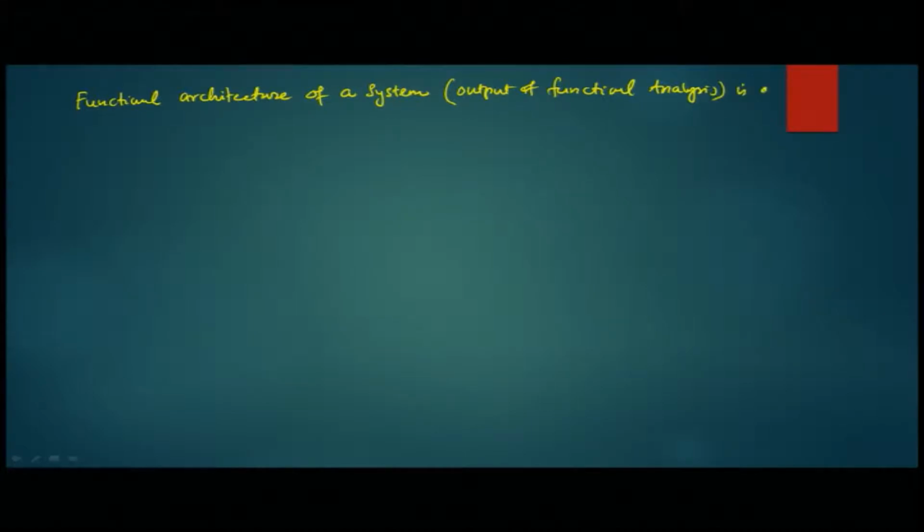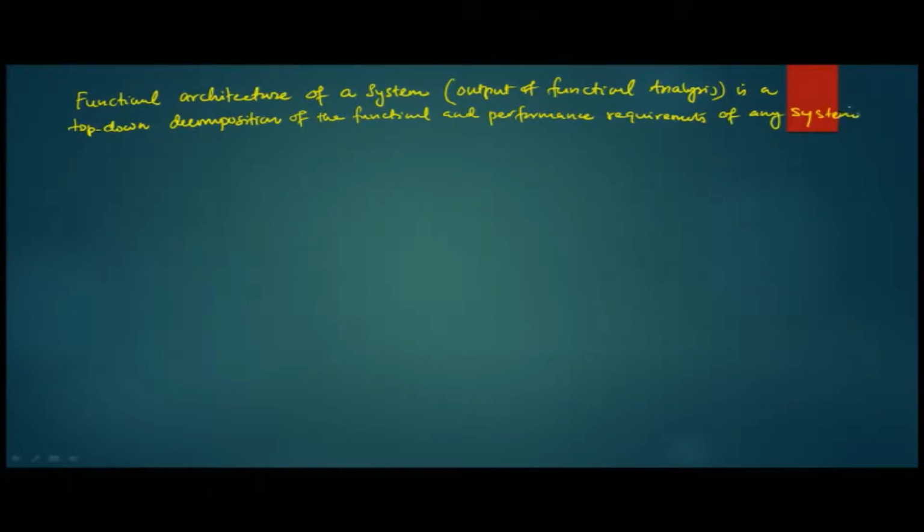Again, before doing this, just as a recap: the functional architecture of a system, which is the output of functional analysis, is a top down decomposition of the functional and performance requirements of any system.